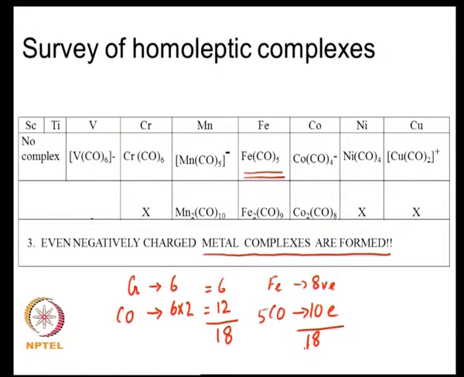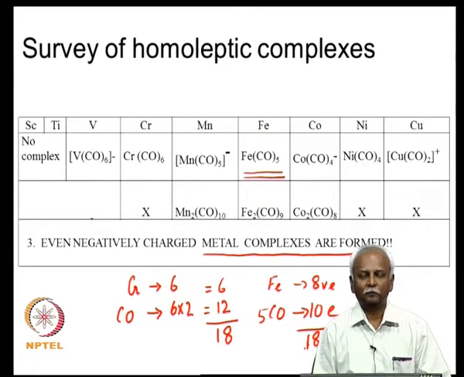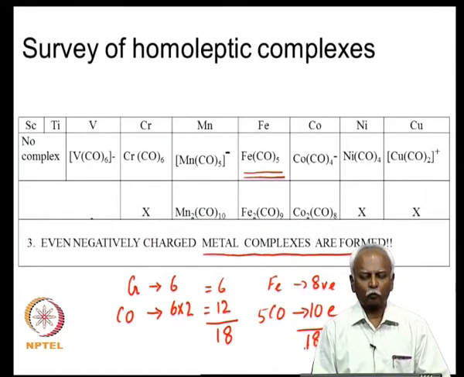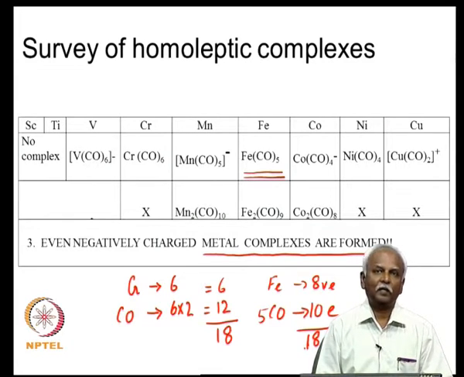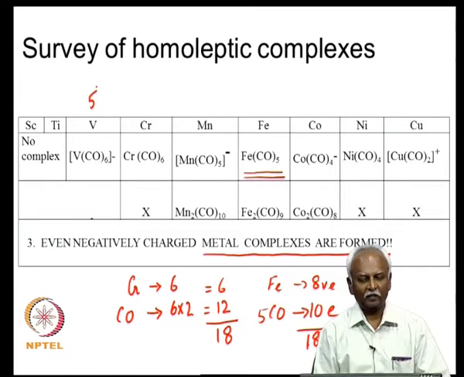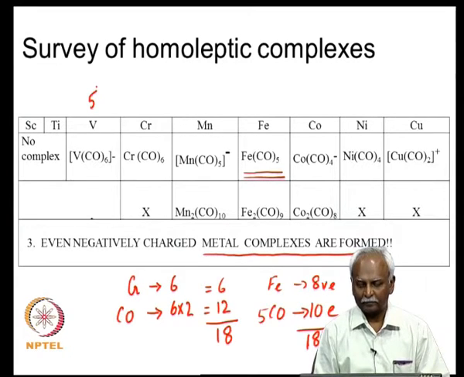So, if you count the valence electrons which are available for each of these metal atoms, you will always end up with a total of 18 electrons. This is true of nickel, it is true of iron, chromium, and even the vanadium case, where you have 5 valence electrons on the vanadium, and so you have to add an extra electron to the vanadium in order to generate the carbonyl complex.